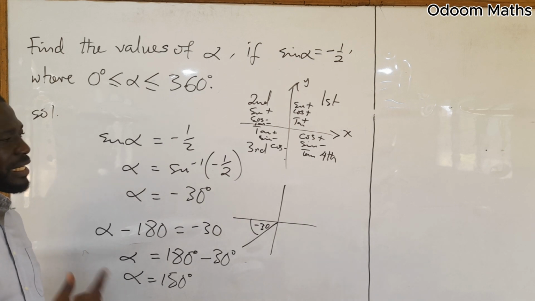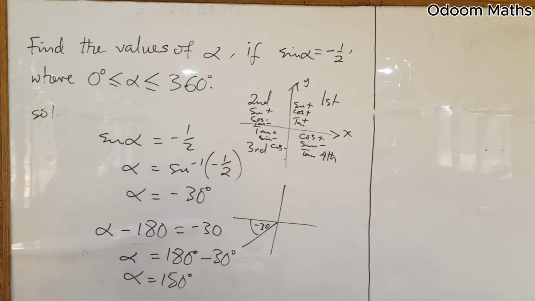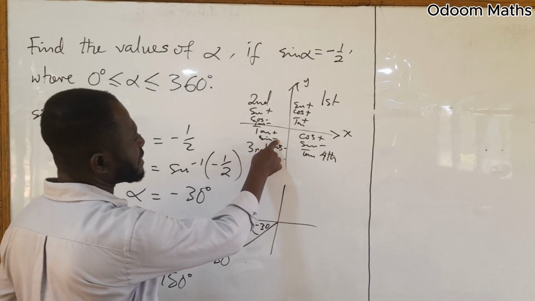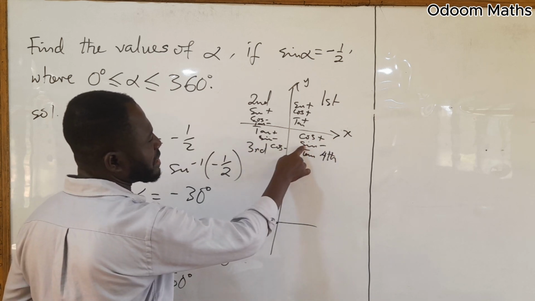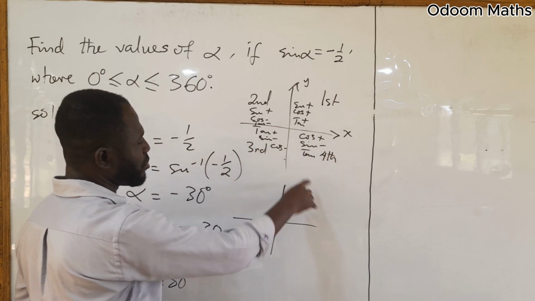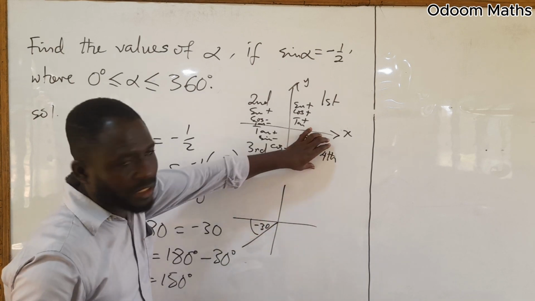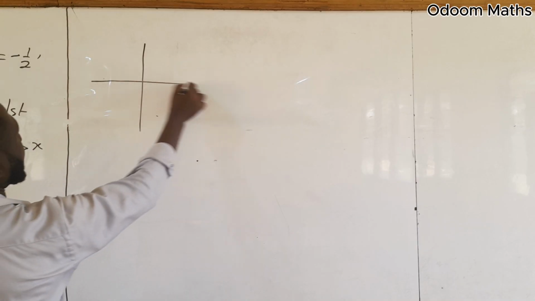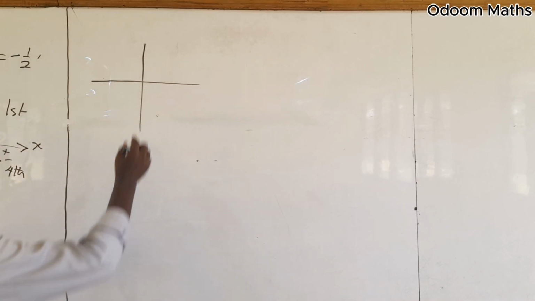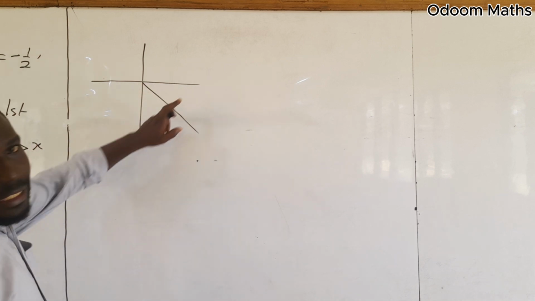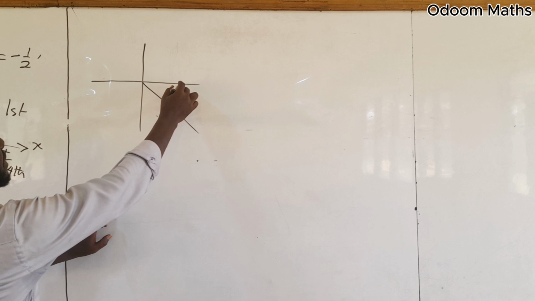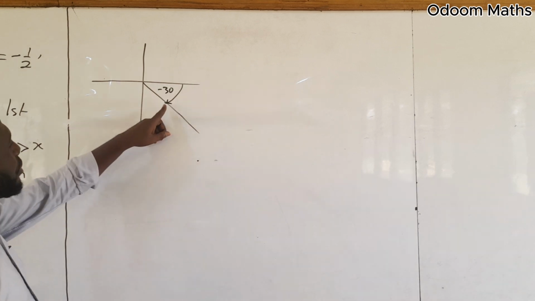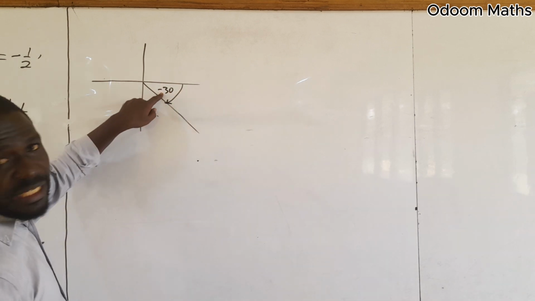Now let's look at the second value of alpha, if there is, because in the third quadrant sine is negative, and on the fourth quadrant sine is also negative. So let's draw this again and see what happens here also. Let me draw the Cartesian plane again. On the fourth quadrant, alpha should be less than 360. The arrow here indicates we are moving in this direction. That is why it's negative 30.